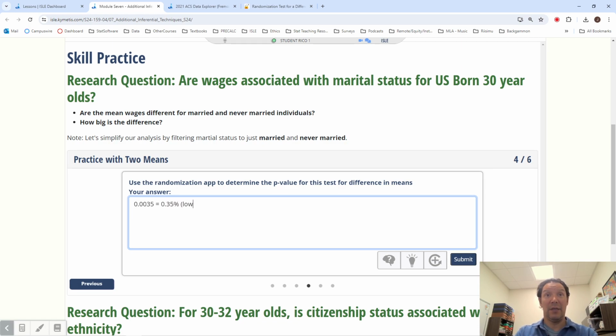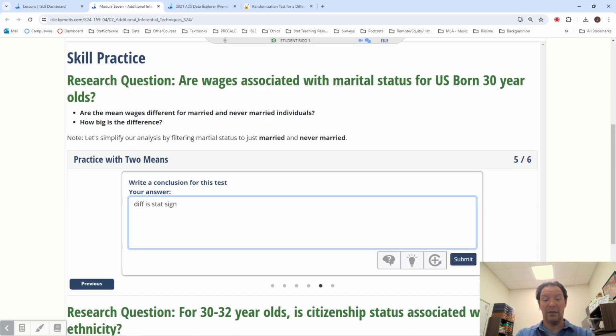This is really low. It is indeed less than this 5% that we call our significance level. So it's way below our significance level. So we're going to make a conclusion. The conclusion is that the difference is statistically significant.